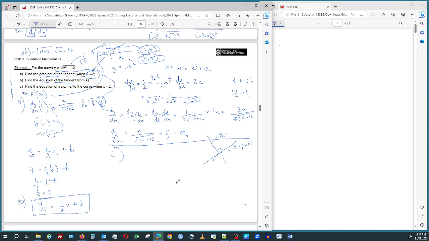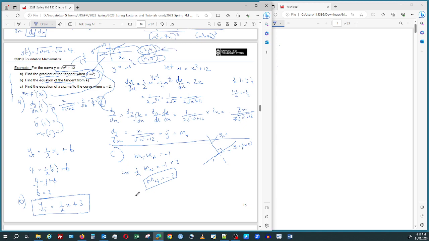Okay, so one of the ways that we do that is we recognise that a tangent gradient product with a normal gradient is equal to -1. Rearranging, because we have m tangent as a half, we can then clear the fractions by times both sides by 2. So the normal gradient is -2. Now we've got the normal gradient, we're also aware that it's happening at the same place.